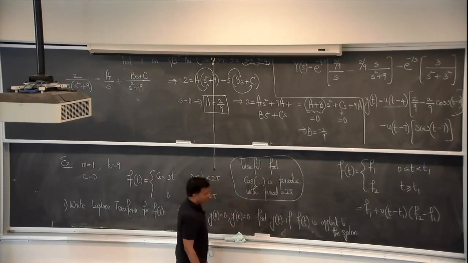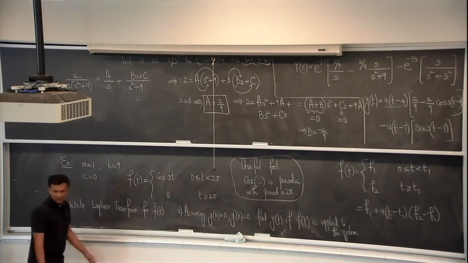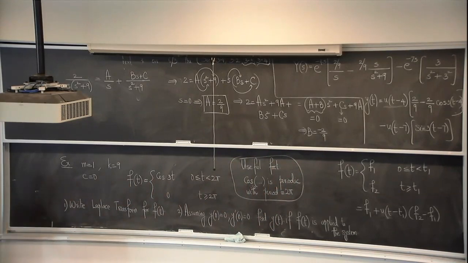The cosine function and the sine function are periodic with period 2 pi. That'll be incredibly useful here.